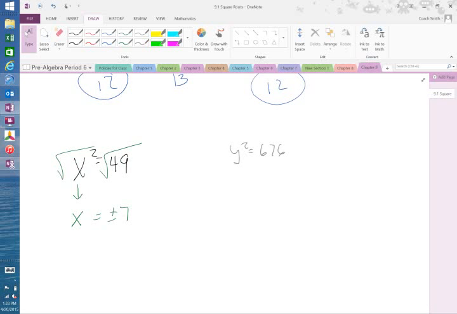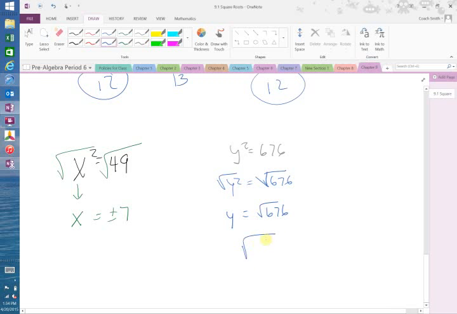Y squared equals 676. Well, that means I have to take the square root of y squared and the square root of 676. The square root of y squared is y. The square root of 676, that's what I've got to simplify. Here's how I simplify it.